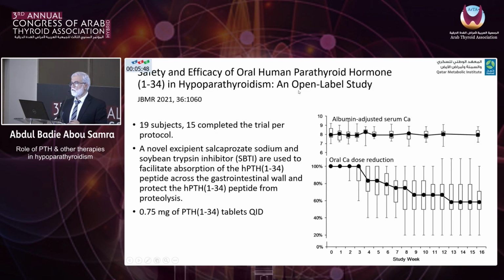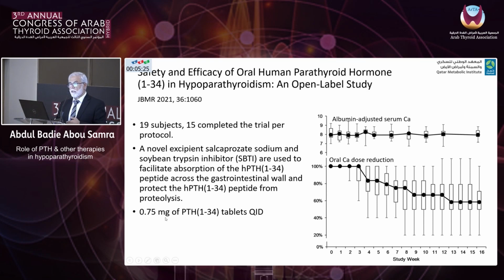It's a new drug, which is an oral human parathyroid hormone. This is a company that's making it. It's putting soybean trypsin inhibitor and some other excipient in the tablet, and it's allowing PTH to be absorbed in the gut, so they're giving a huge dose.